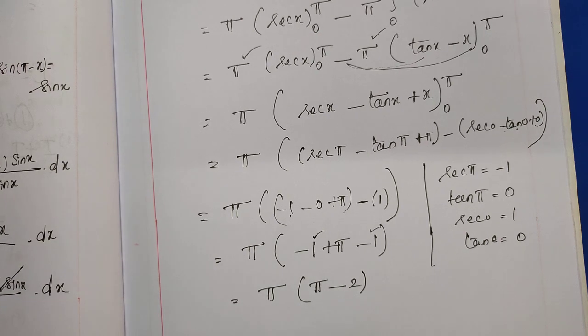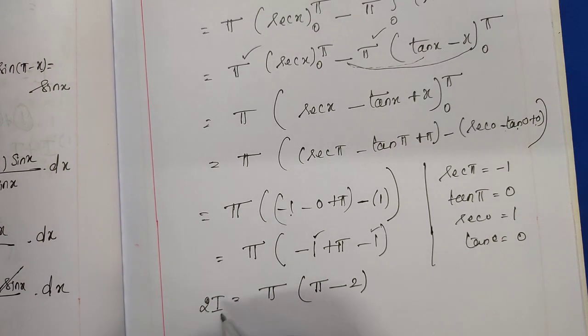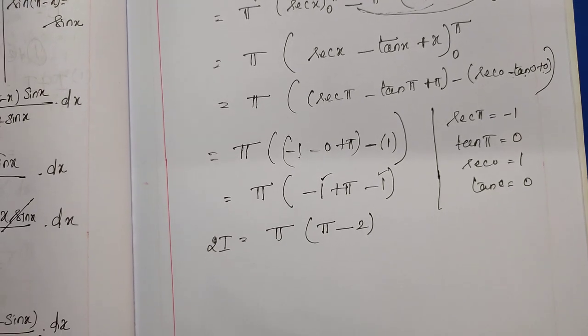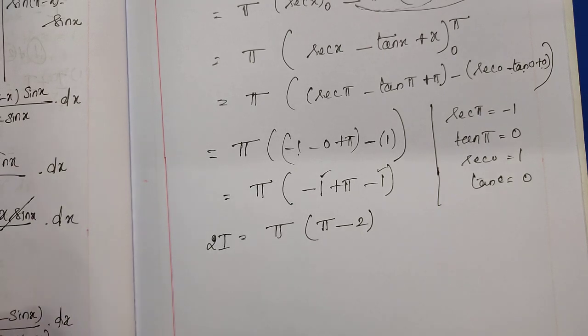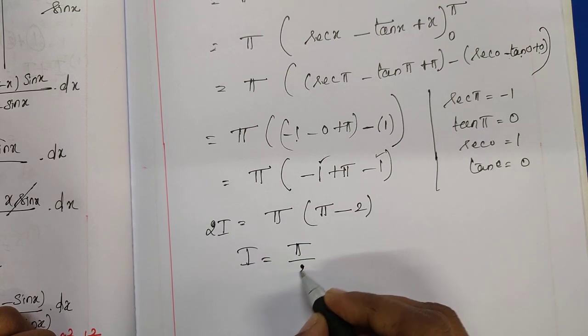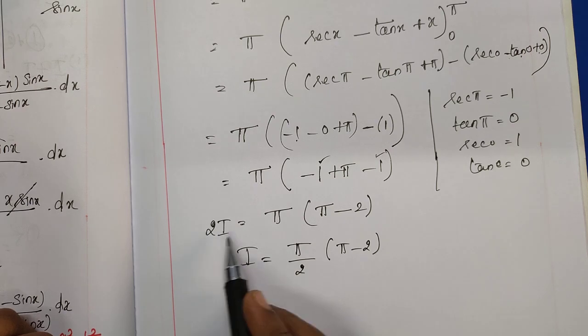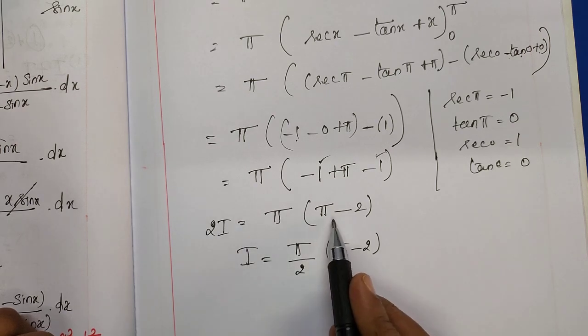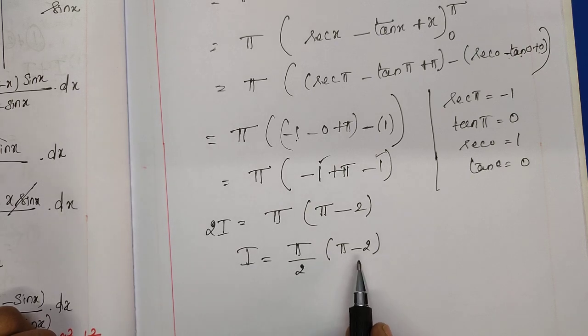On the left-hand side we have 2I. So 2I is equal to pi times pi minus 2. Therefore our I value is equal to pi by 2 times pi minus 2.